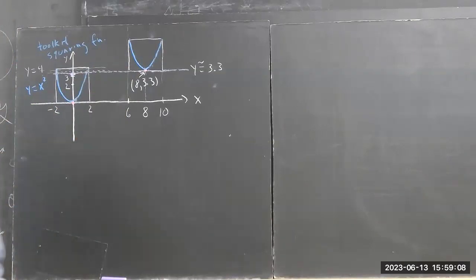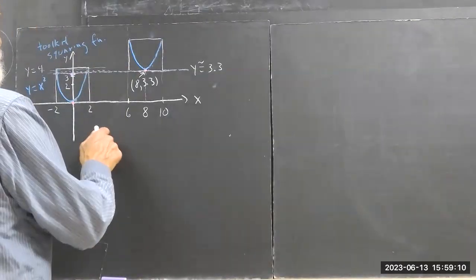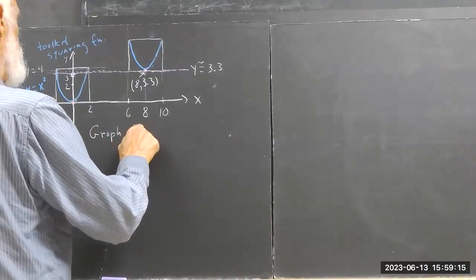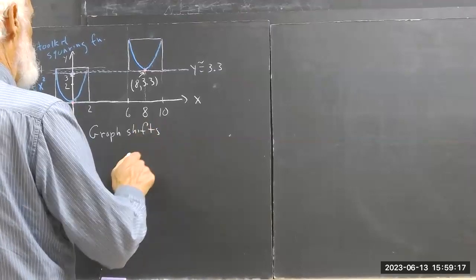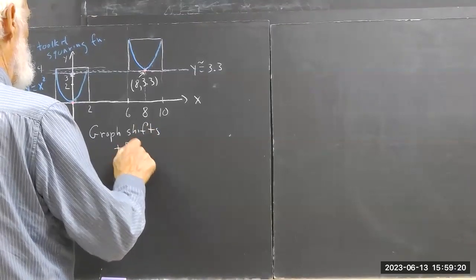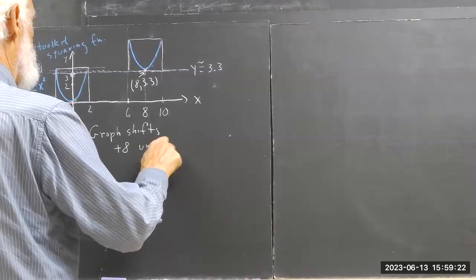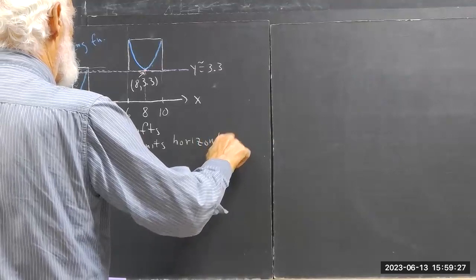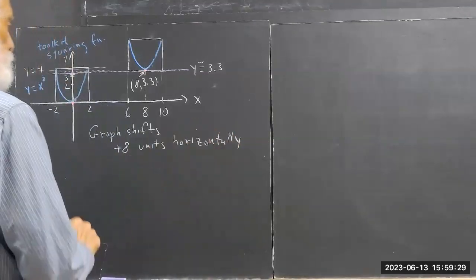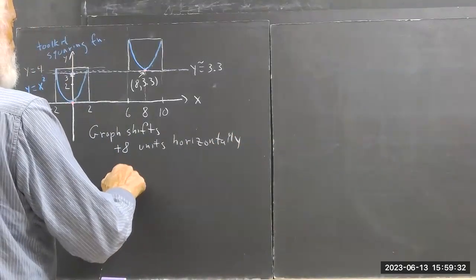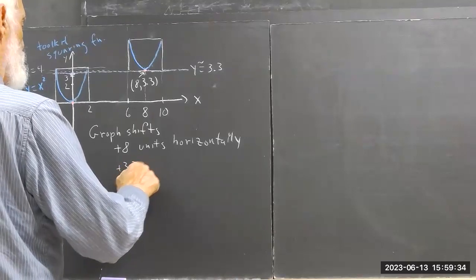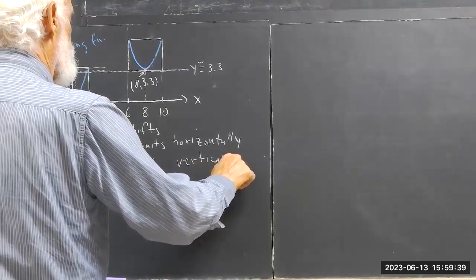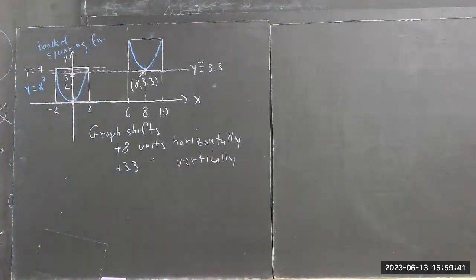Okay. So the graph shifts plus 8 units horizontally, plus 3.3 units vertically.